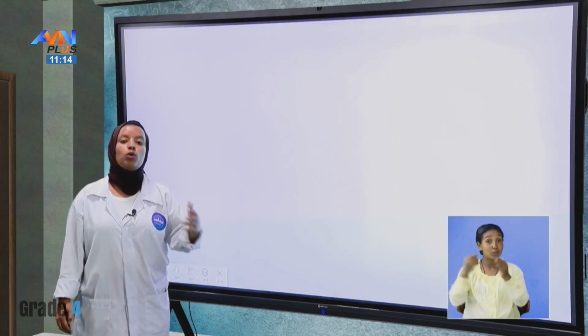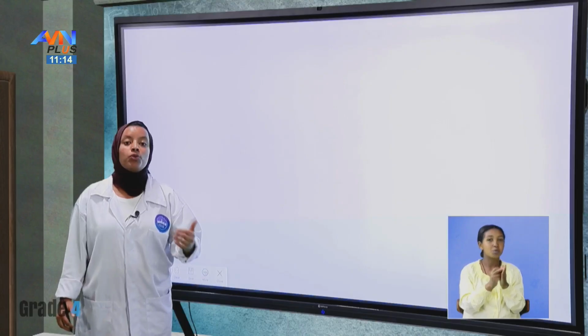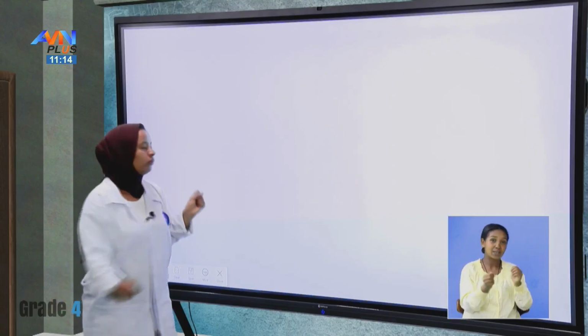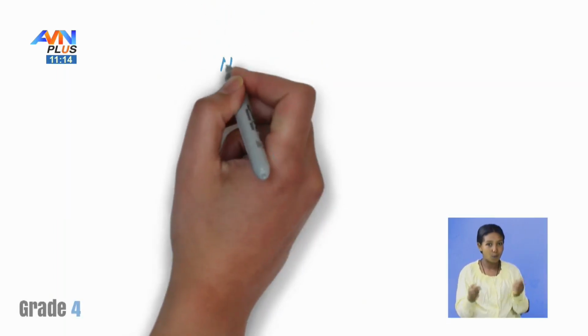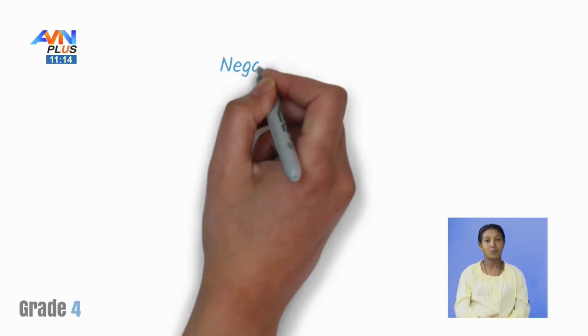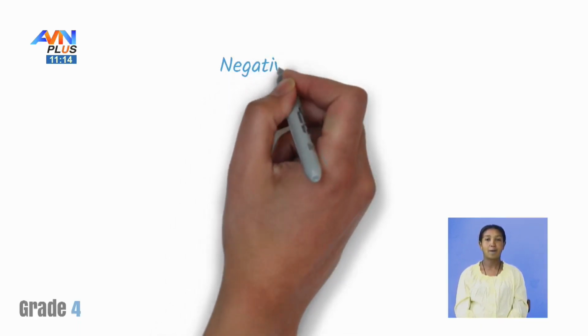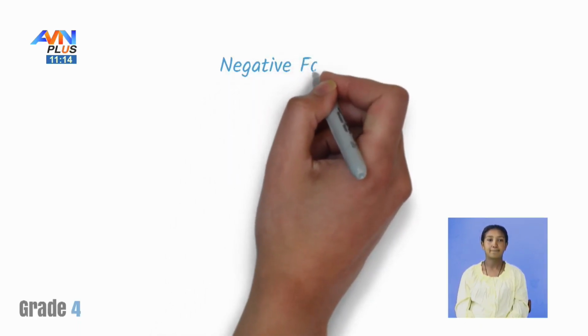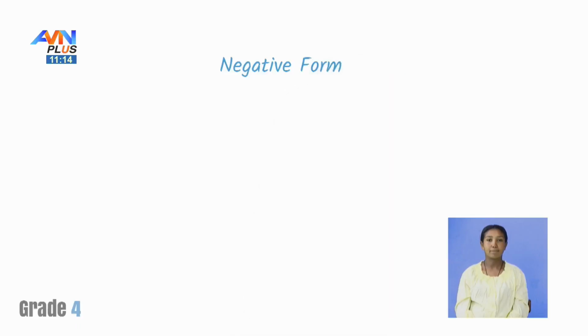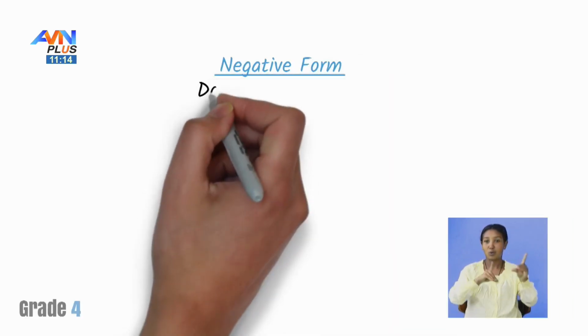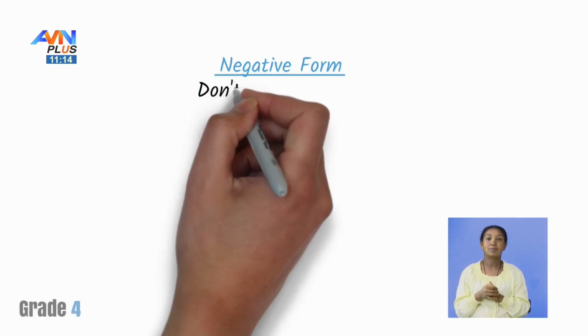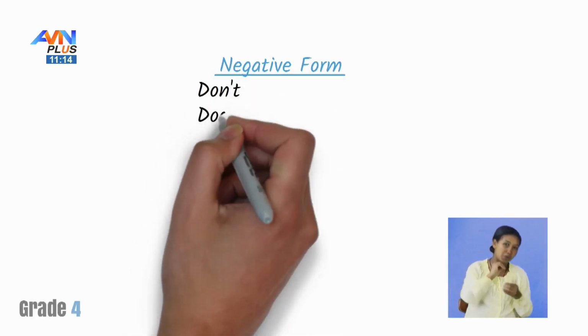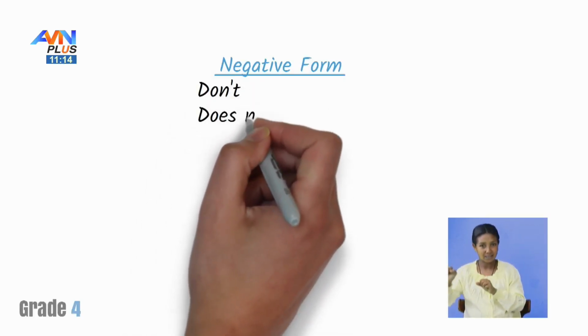Students, there is a rule also when we change to negative form. You can use don't, or we can say do not, and does not.